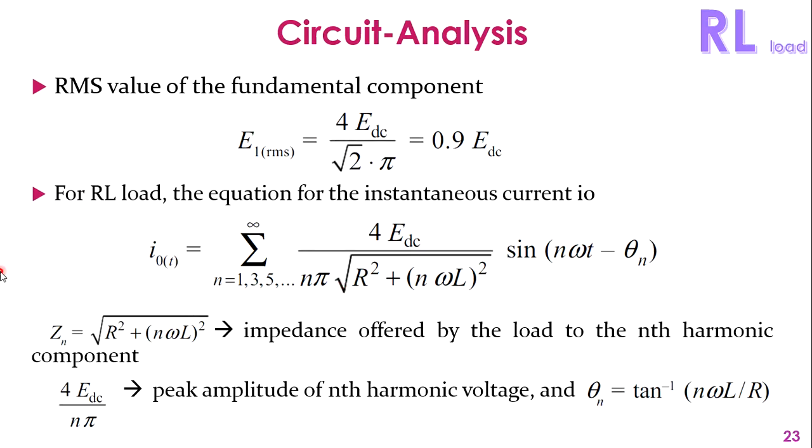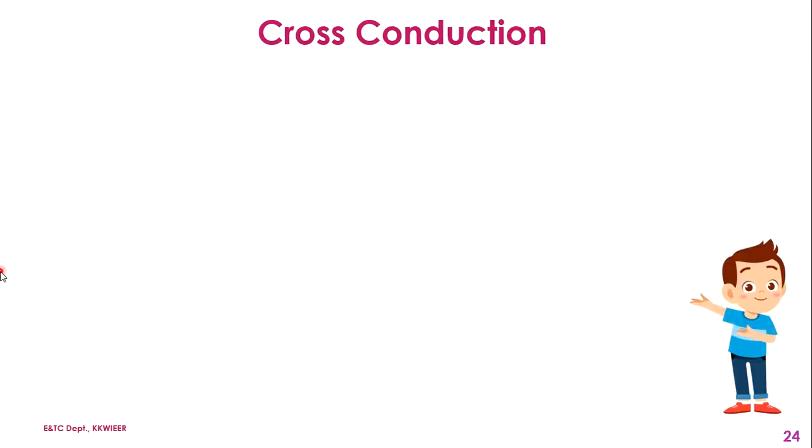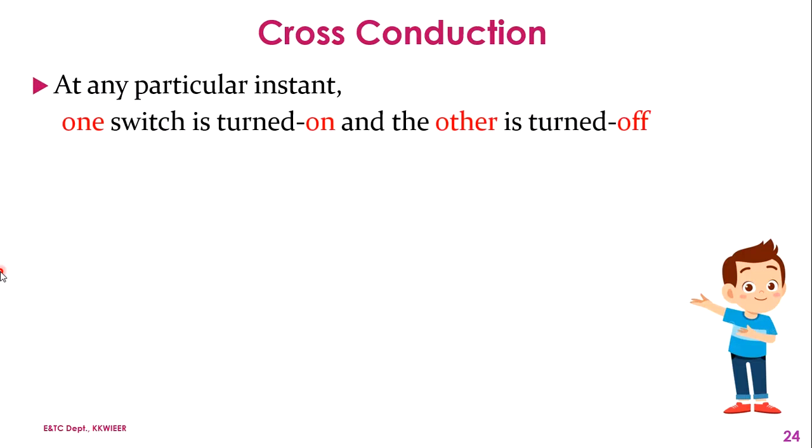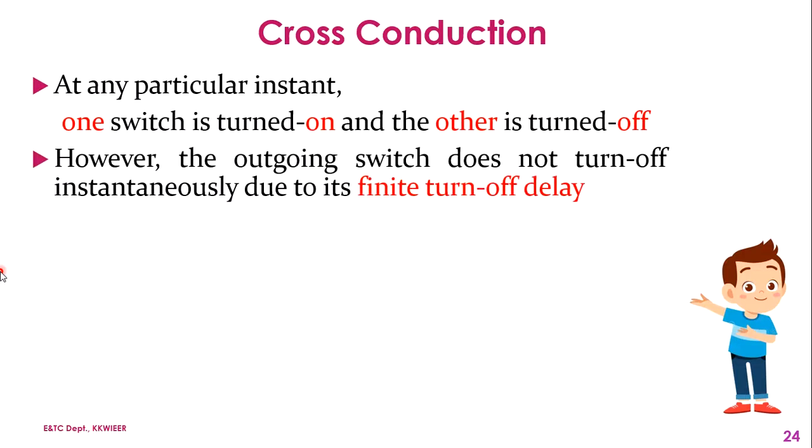So now we will see how cross conduction happens in these inverters. At any particular instant, one switch is turned on and the other is turned off. However, the outgoing switch does not turn off instantaneously due to the finite turn-off delay. What does that mean?